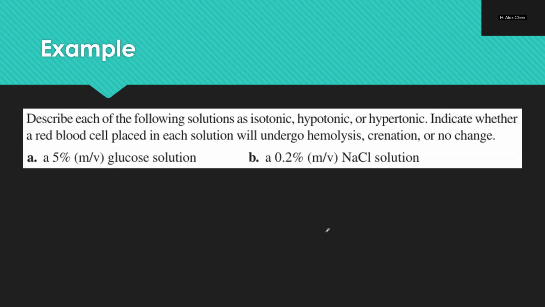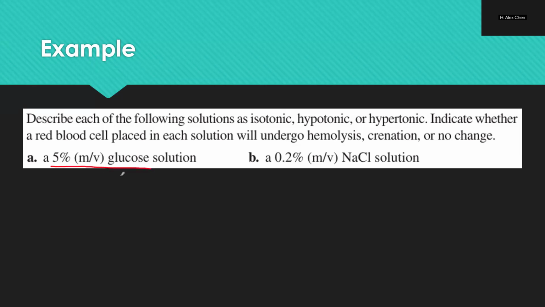Let's consider an example. Describe each of the following solutions as isotonic, hypotonic, or hypertonic. Indicate whether a red blood cell placed in each of the solutions will undergo hemolysis, crenation, or no change. Let's look at solution A. I have a 5% mass over volume glucose solution.